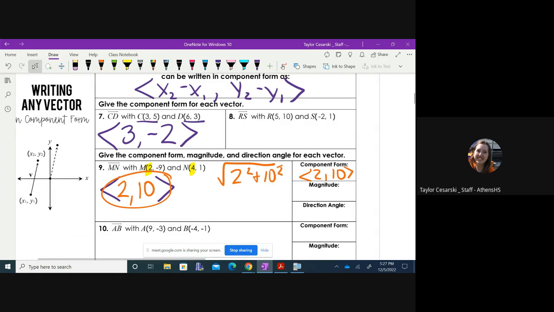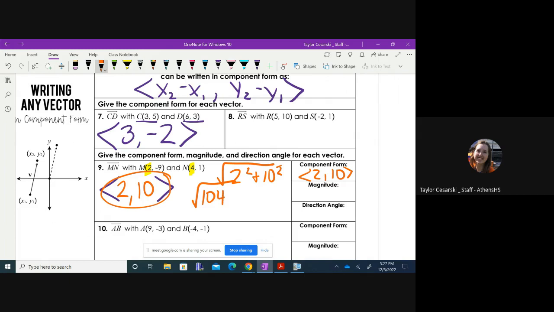Now that gives me the square root of 104, but that does simplify because I can divide that by 4. So that's square root of 4 times 26, so that's 2 square root 26.